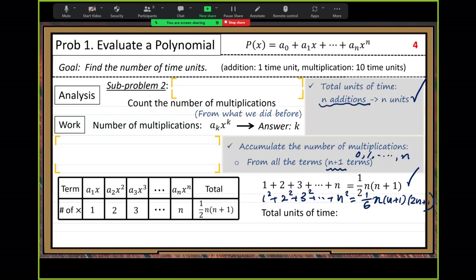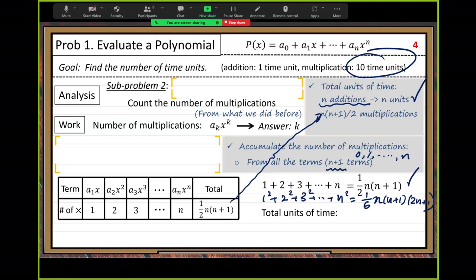Now, how many units of time do we need for the multiplications? We just got this number of multiplications. But based on our assumption, each multiplication takes 10 units of time.